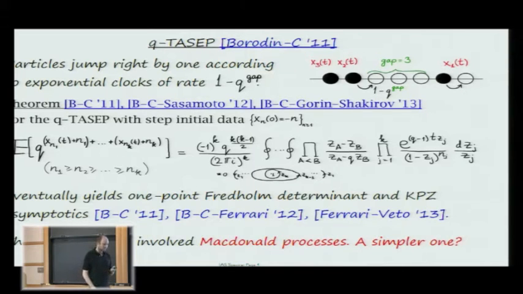Well, no, we can write it. Well, we can write formulas of this type for any initial data. I'll come to it. No, Jeremy, we can. This term will get replaced, but anyway, we'll come to that.